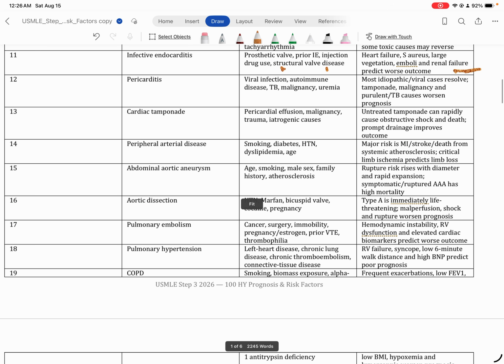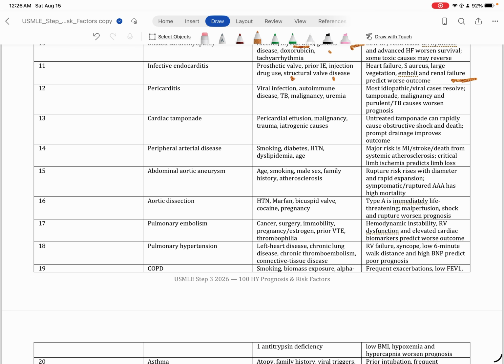Next is pericarditis. Pericarditis is commonly seen in people who have a recent viral infection. Other risk factors are autoimmune disease, tuberculosis, malignancy, and uremia. Remember, tuberculosis is always in Asian populations or people who went to Middle Eastern countries or Russia. Those are the common geographic locations associated with TB.